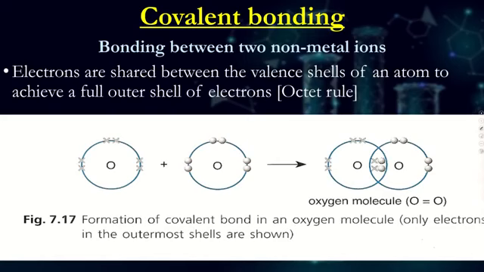So the last thing we're going to look at is a covalent bond. Like I said, a covalent bond is a bond between two non-metals. And this occurs through sharing valence electrons. So by sharing valence electrons, non-metal atoms will form a full outer electron shell.